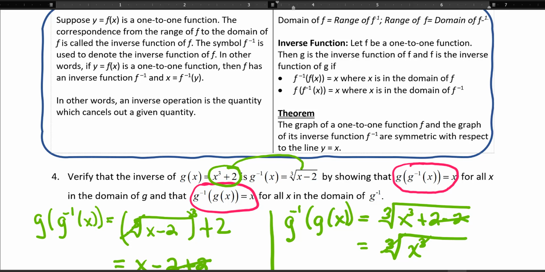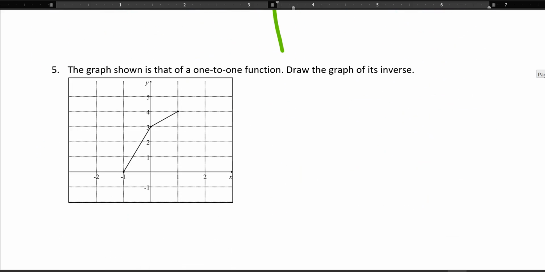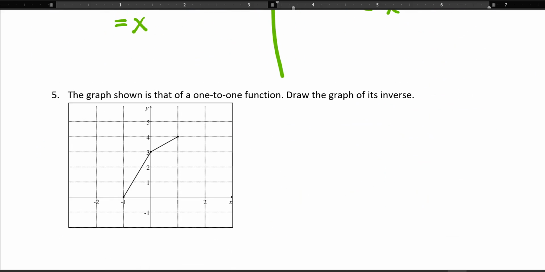So we need that theorem to help us. It's already saying that it's one-to-one, but when we draw y equals x, that's our reflection line, then our original graph and its inverse that we're going to draw are going to have symmetry.